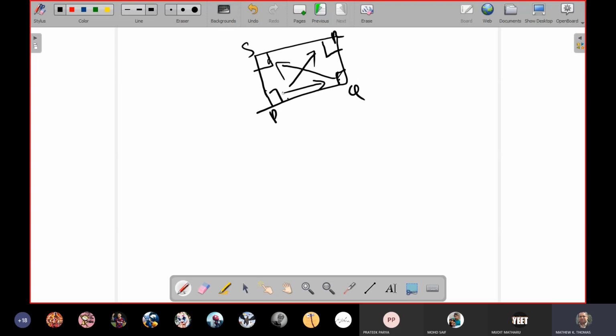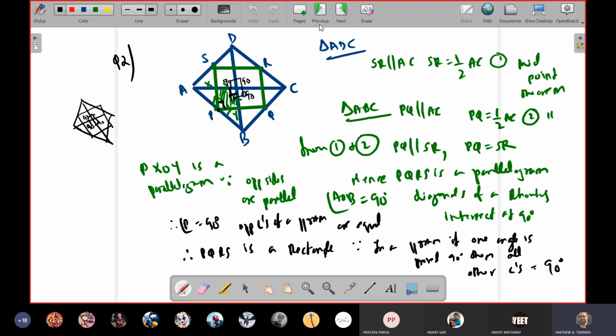So if one angle is 90, automatically all the other angles will also be 90. So we need not prove for every angle. We just need to prove for one angle. That is why we first proved that it is a parallelogram. Proving that it is a parallelogram was important. Then only we can say that if one angle is 90, all angles are 90. Otherwise, if you don't prove it's a parallelogram, then you will have to prove that all angles are 90 separately.